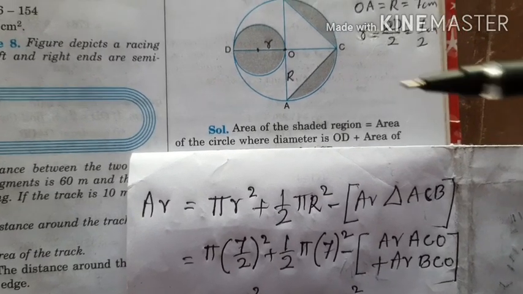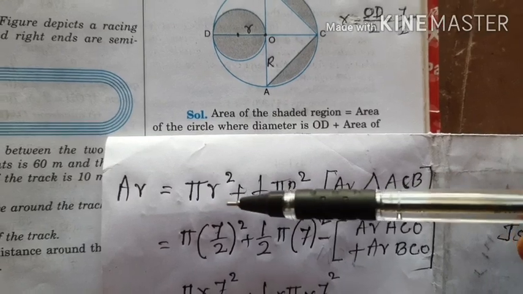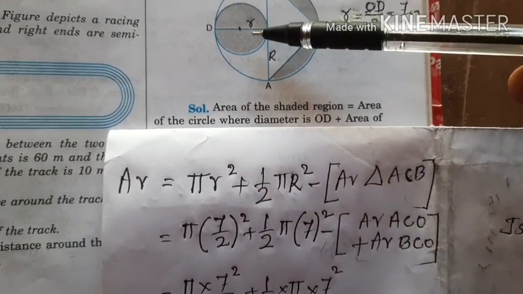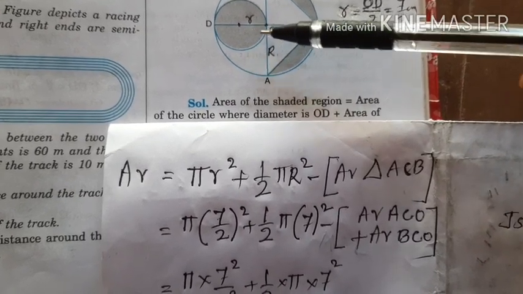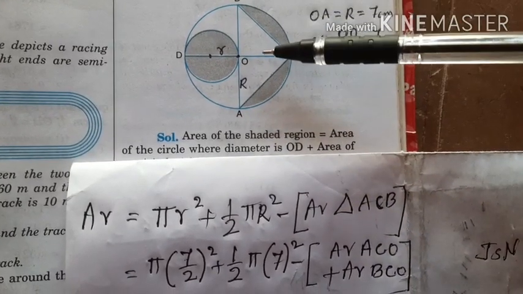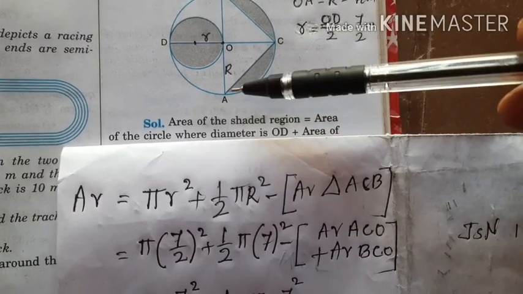so children, here the area of the shaded region is equal to pi r square, that is the area of this small circle with radius r, whose radius is 7 by 2 centimeter, plus the area of this entire semicircular region. For this semicircular region, R is the radius.